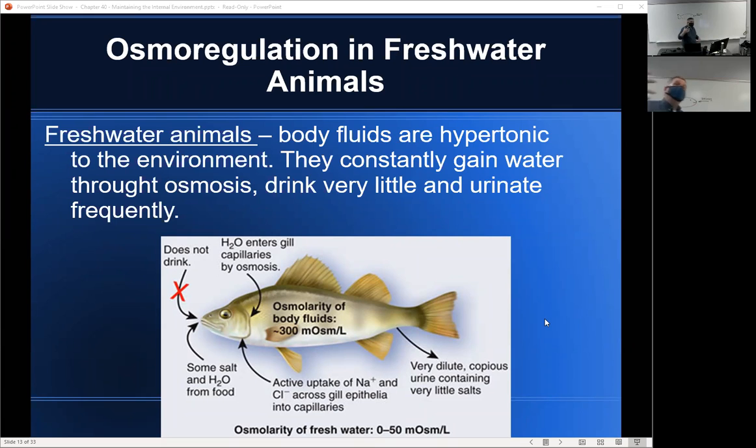Freshwater doesn't contain solute, doesn't contain salt the way that seawater does. That means that the water is hypotonic to the body fluids of the fish, which contain more solutes. That makes them hypertonic.